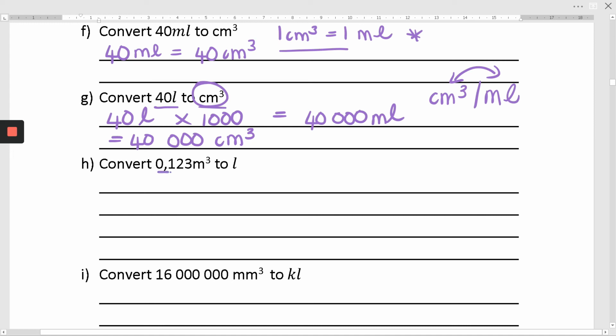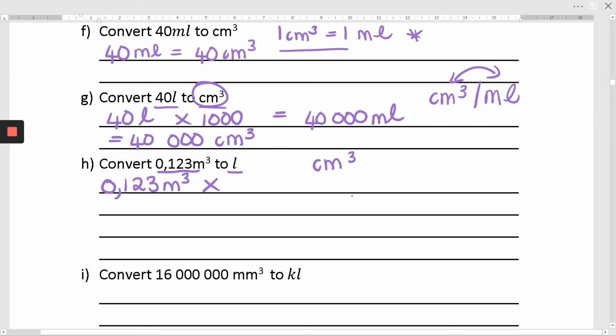Now I'm going to convert cubic meters, which we haven't dealt with yet, into liters. And there is a direct conversion there, but I'm not going to suggest you do that. I'm going to suggest that we rather convert to cubic centimeters, which means that we need to do the normal conversion 3 times. So what would we normally do to get meters to centimeters?